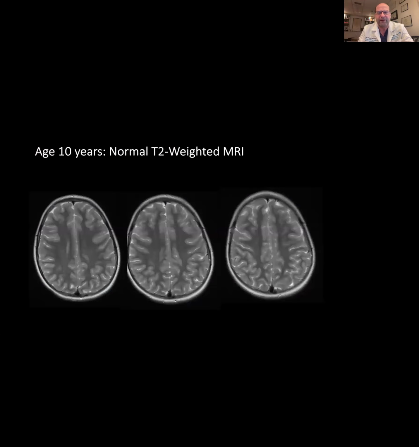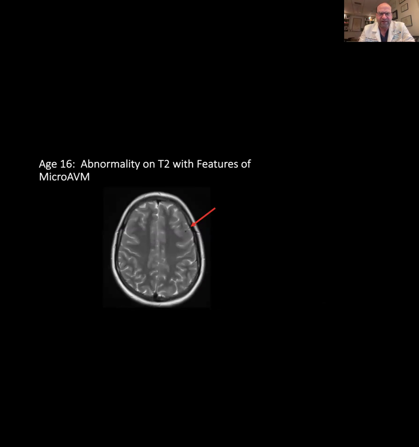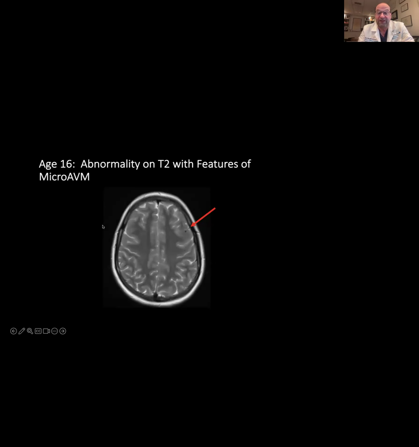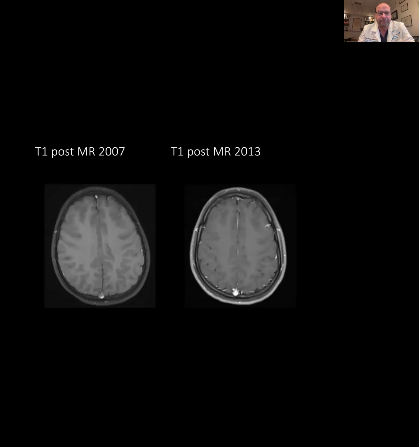And here are a couple of examples. This patient was screened at age 10, and the brain is absolutely normal. But at age 16, right there, T2 weighted sequences, you see an abnormal blood vessel that was clearly not there before. So, de novo formation of an AVM.